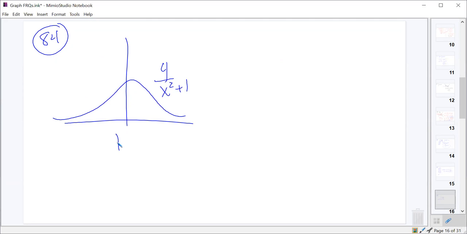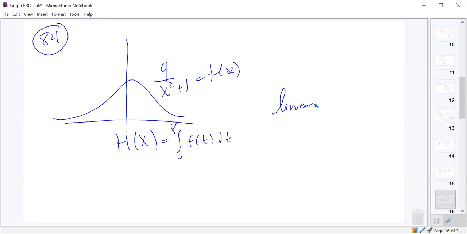It says we've got capital H of x, which is equal to the integral from 0 to x of f of t dt. This is 4 over x squared plus 1, which is f of x. And it says the local linearization of h at x equals 1 is what we're looking for.